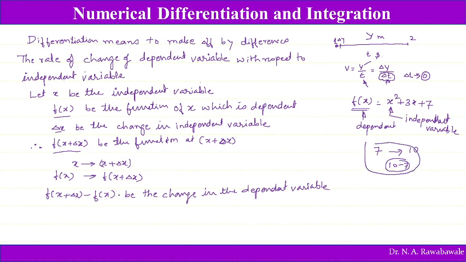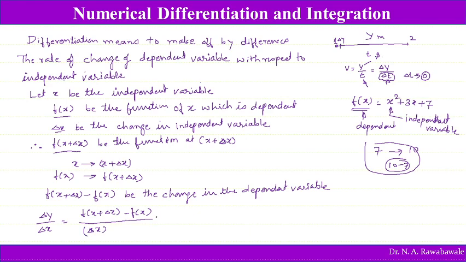Now we can find the rate of change of the dependent function with respect to the independent variable. So delta y by delta x we can write as: the change in the function is f of x plus delta x minus f of x, whereas the change in the independent variable is delta x.